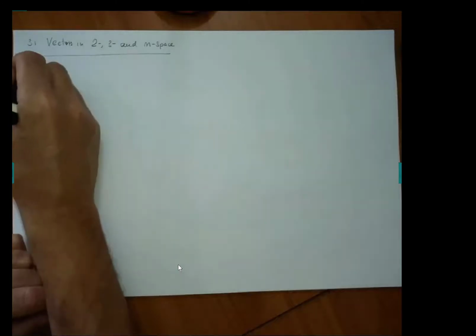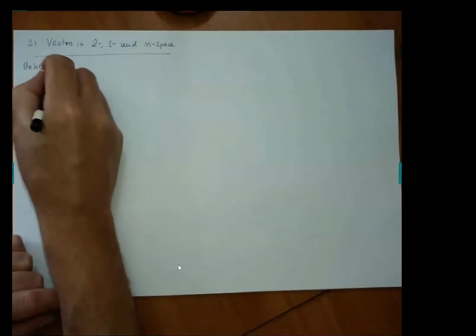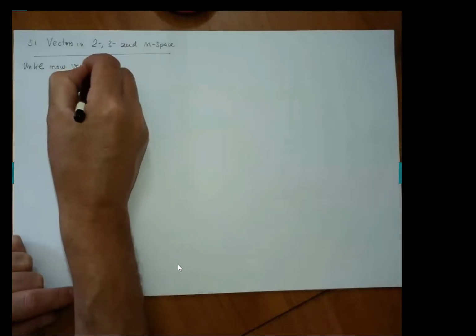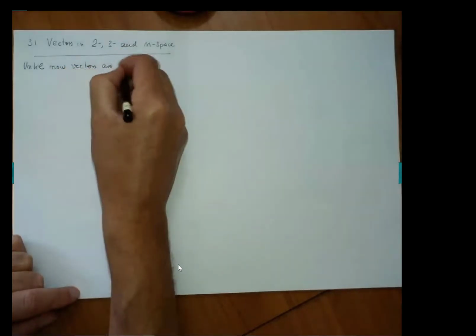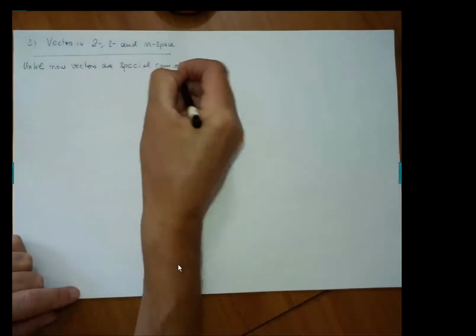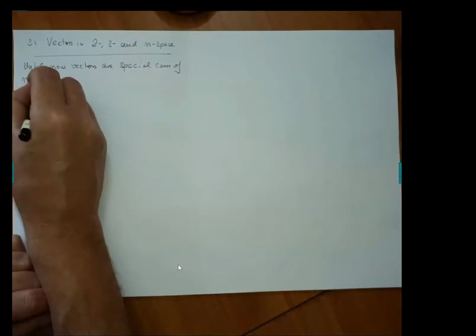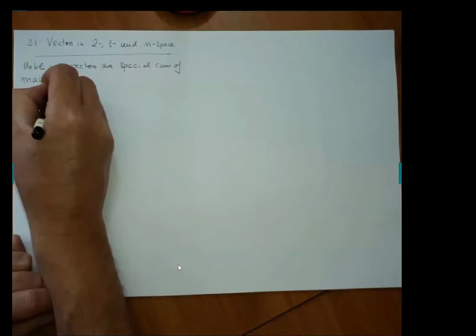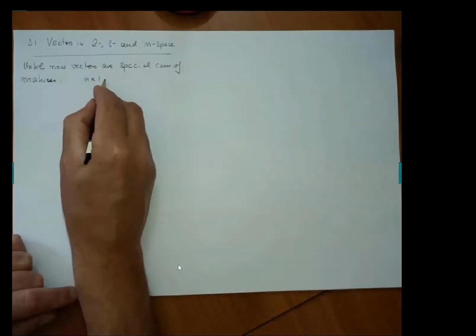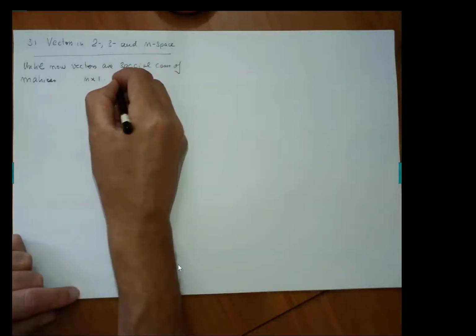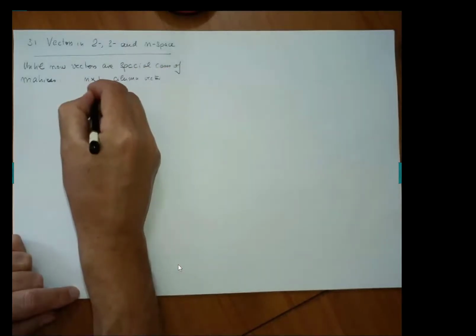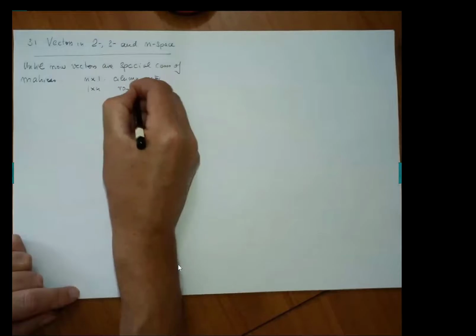Okay, so until now, vectors are special cases of matrices, no? So they're either n times 1, that's what we call a column vector, or 1 times n, then we would call it a row vector.